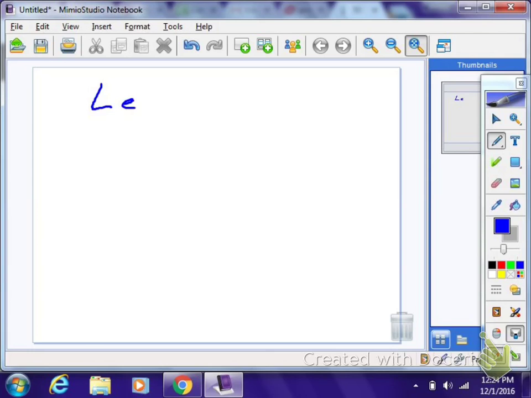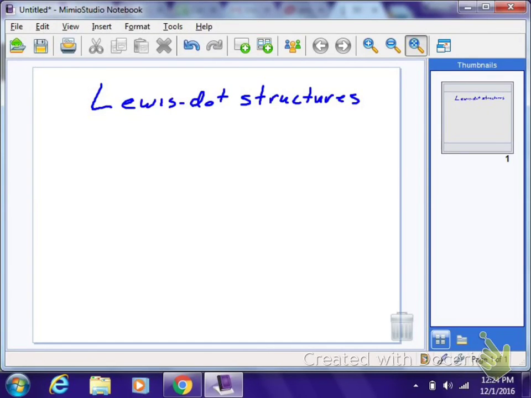So these are called Lewis dot structures. Okay? So the plan is for us to go through and look at how something's put together covalently.